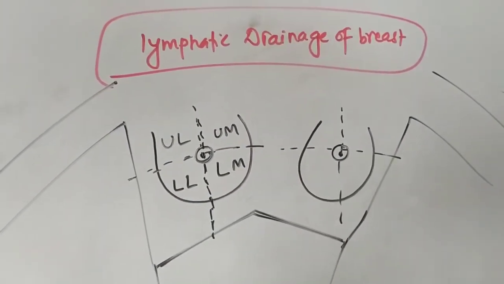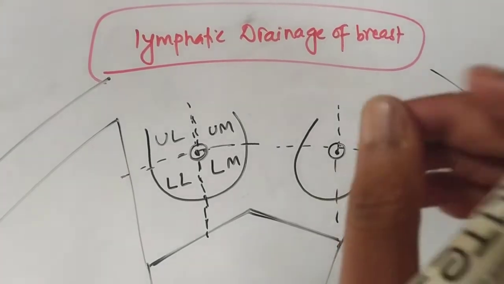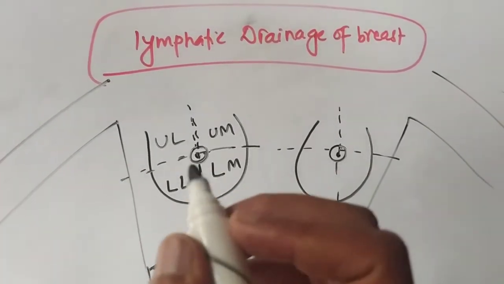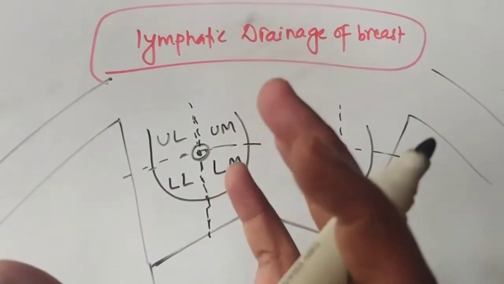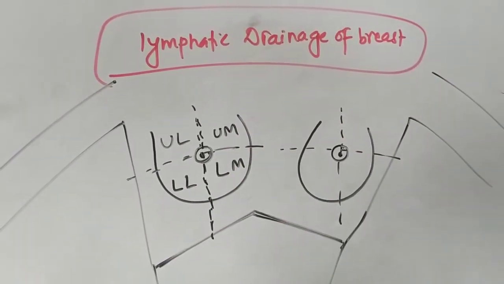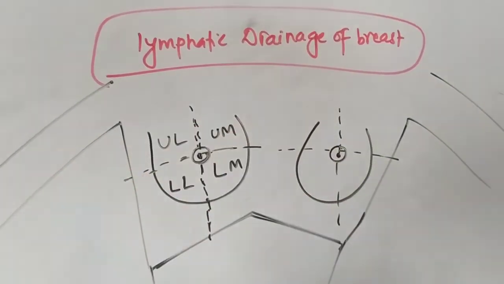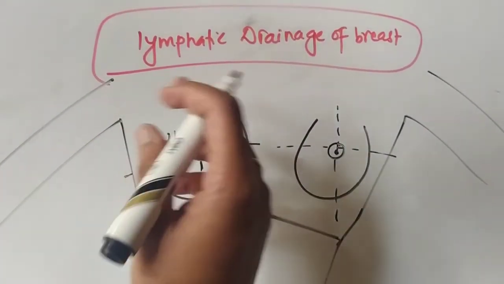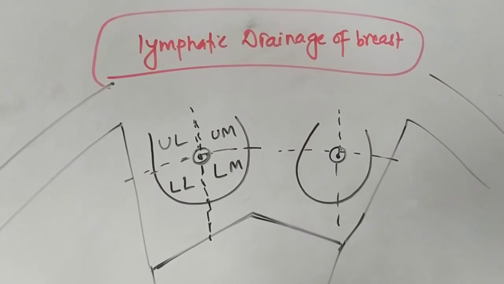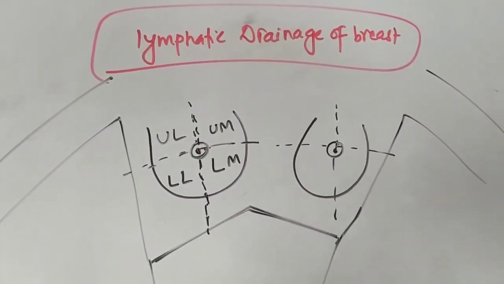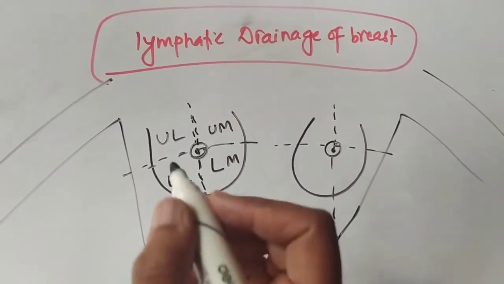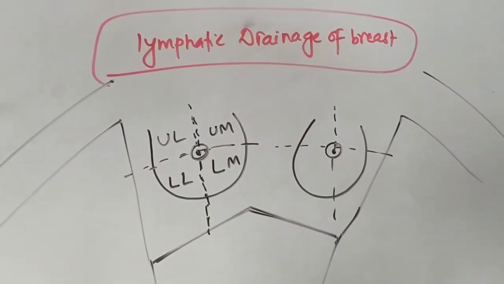Now before going to the lymphatic drainage of breast, there is one question: in which quadrant can breast cancer develop, or in which of the following quadrants is there more chance to develop cancer? So simply any lump or any cancerous lesion will occur in that quadrant of the breast which contains the maximum tissue of the breast.